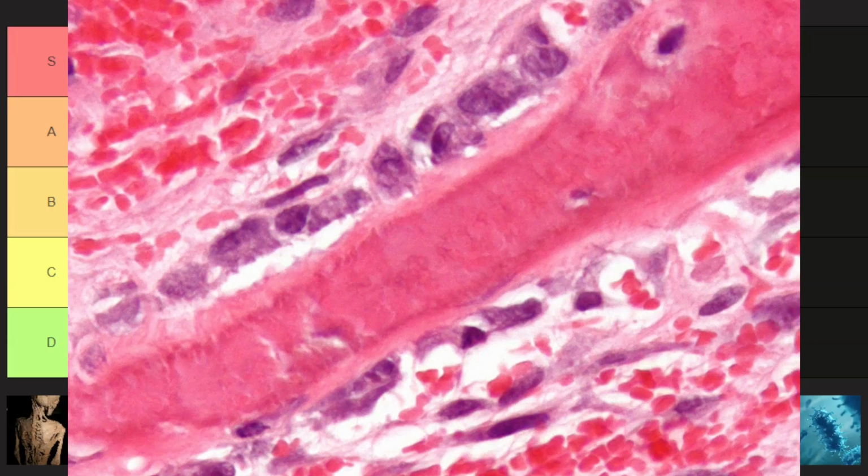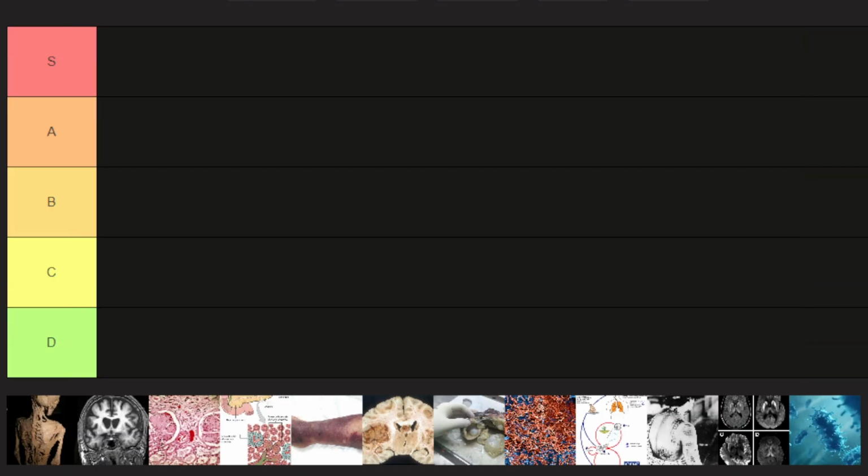The osteoblasts are the bone cells and osteoclasts are the ones who resorb the bone. So basically what this disease causes is bone production from inflammation. So if you get inflammation, you will create bone in that inflamed area.